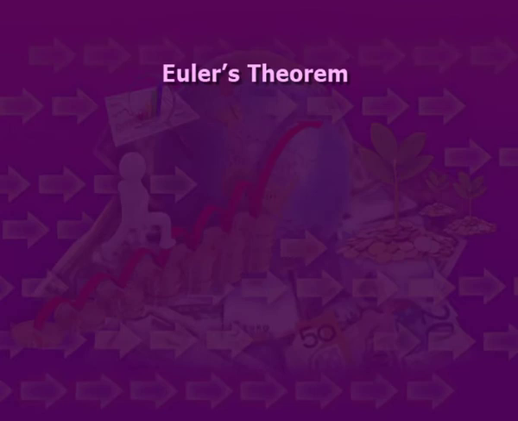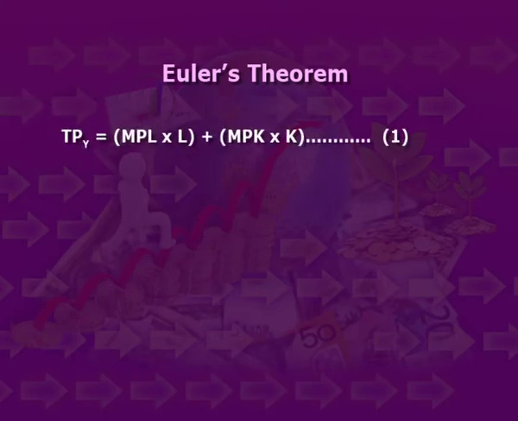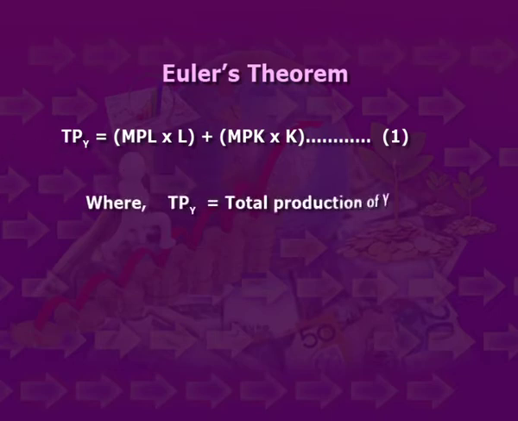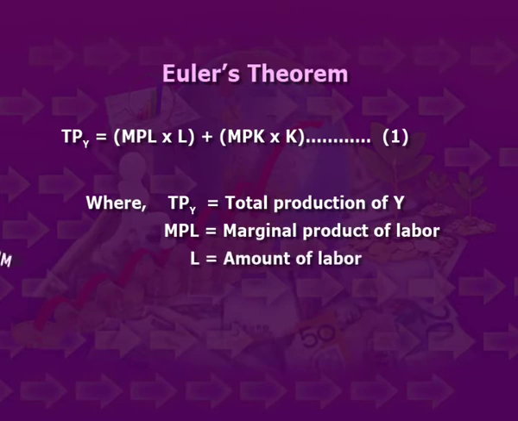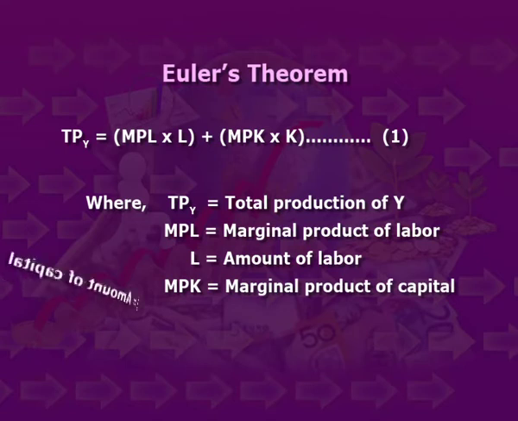In mathematical form, Euler's theorem can be written as TPY is equal to MPL into L plus MPK into K, where TPY is total production of Y, MPL is marginal product of labor, L is amount of labor, MPK is marginal product of capital and K is amount of capital.